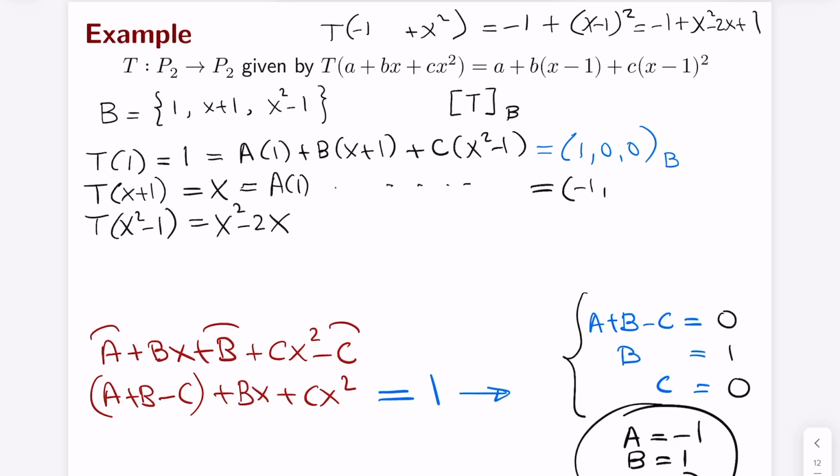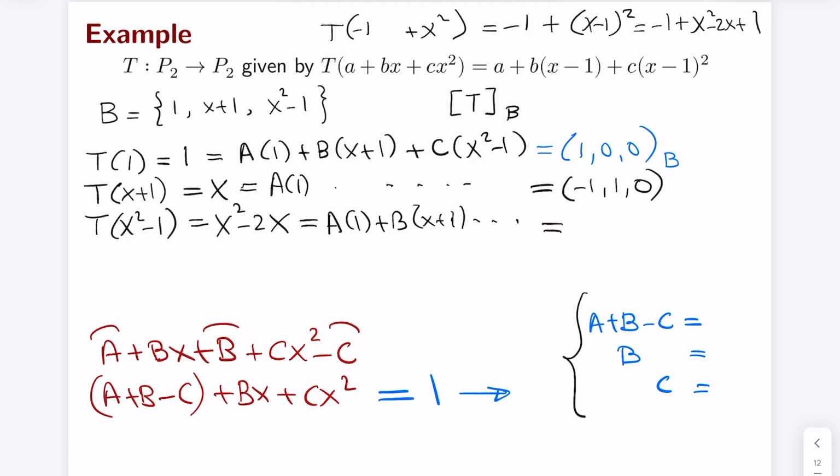Minus 1, 1, 0. In the same way, we want a times 1 plus b times x plus 1, etc. And so we are going to get exactly the same system, but now it's going to be equal to this polynomial, right? So a is going to be 0, b is going to be minus 2, and c is going to be equal to 1.